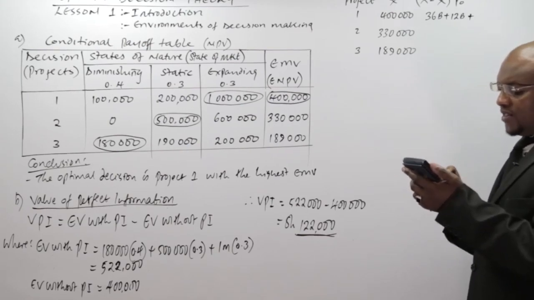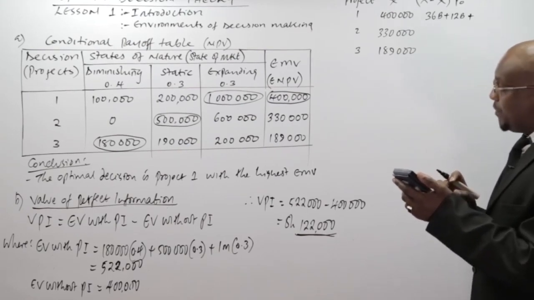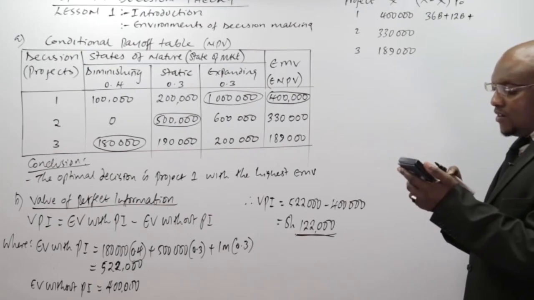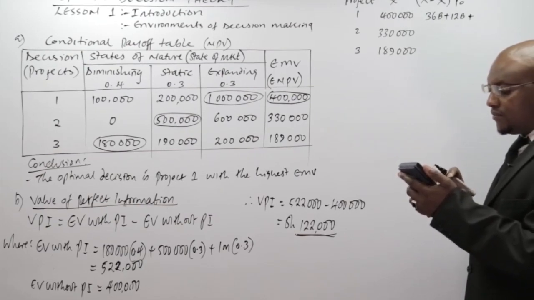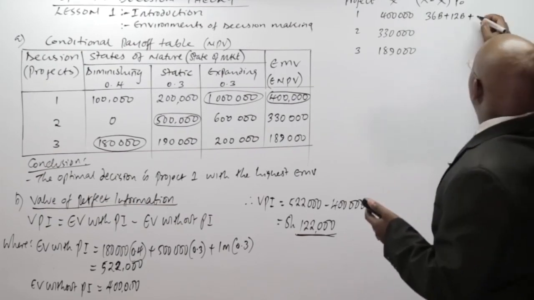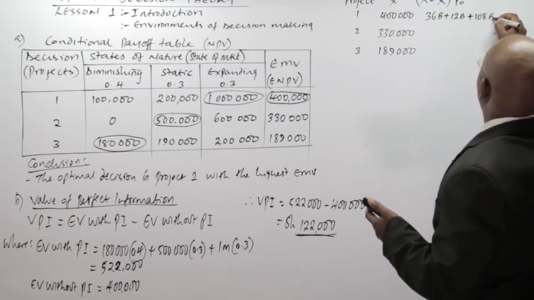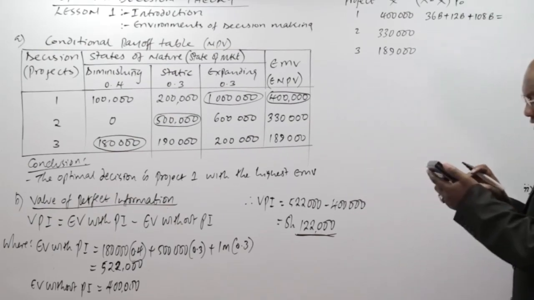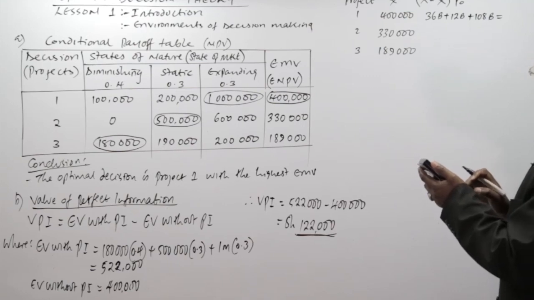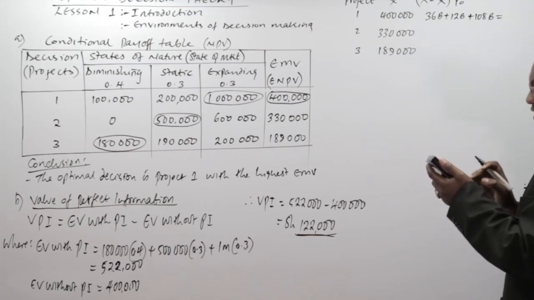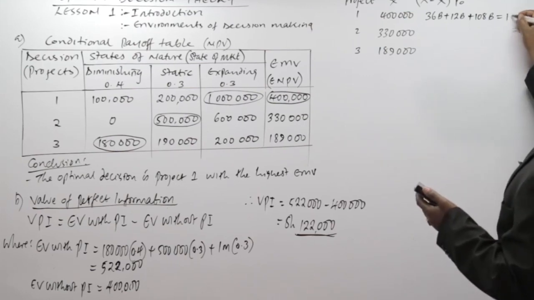Then you square it, you multiply by probability, which is 0.3. This is going to give us 108 billion. So when you add this, 36 plus 12 plus 108, this is going to be 156 billion.